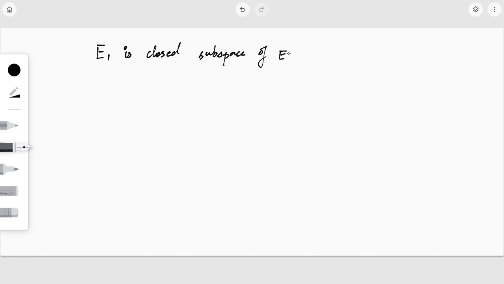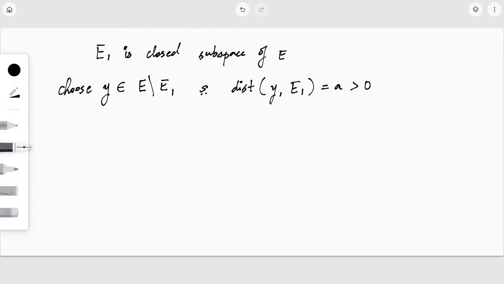First of all, we are given that E1 is a closed subspace of E. I am going to choose an element y in E but not in E1, such that the distance of y and E1 is equal to a, which is strictly greater than 0.